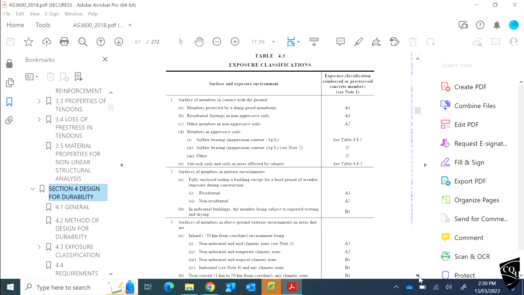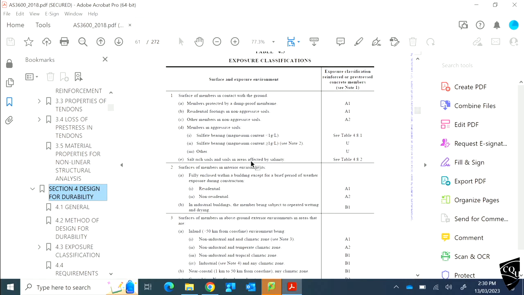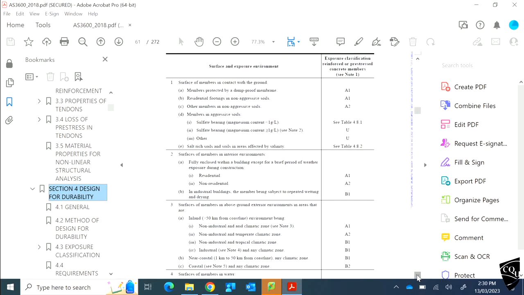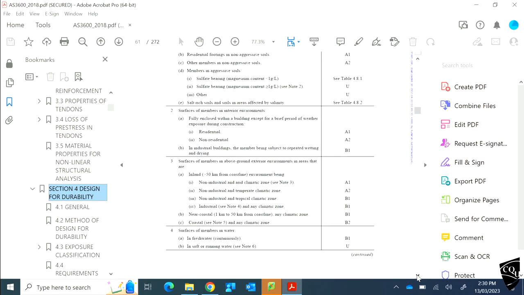You can see the members touching the soil depend on the soil type, so they give the classification. If you know the classification and the usage, that's the other thing.